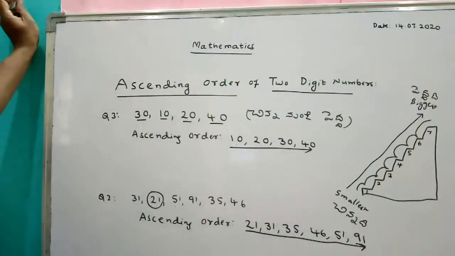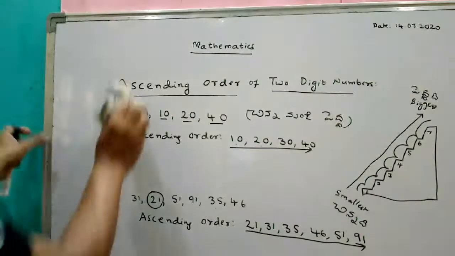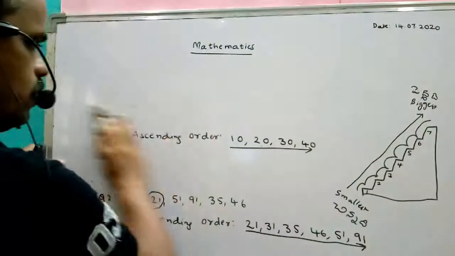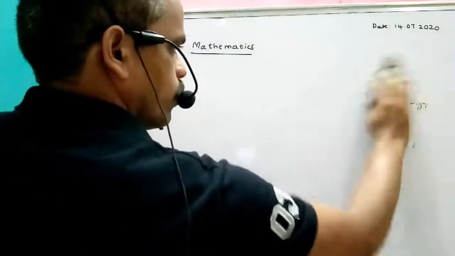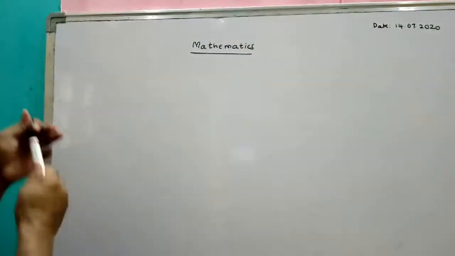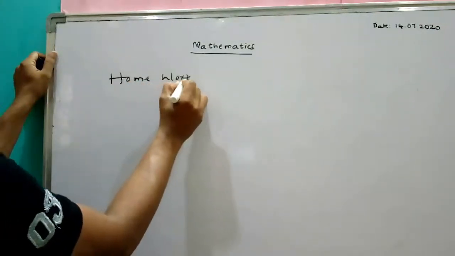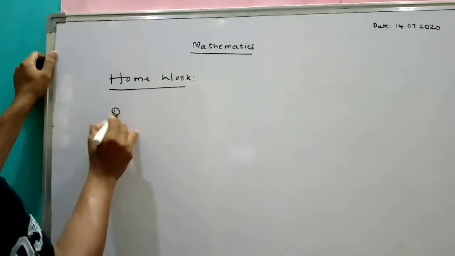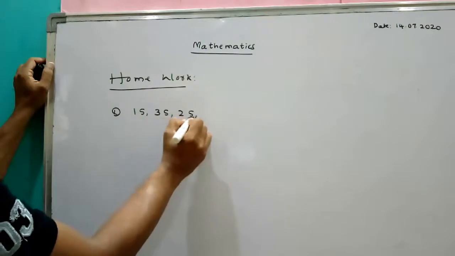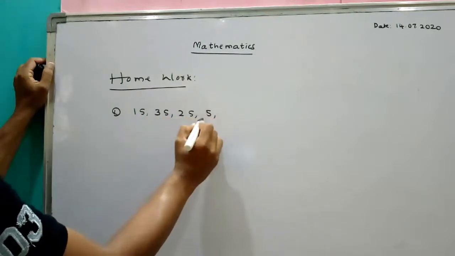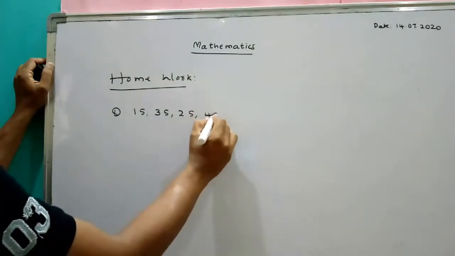10, 20, 30, 40. So now I am giving homework for you. Homework. See, first one. 15, 35, 25, 5, 45.